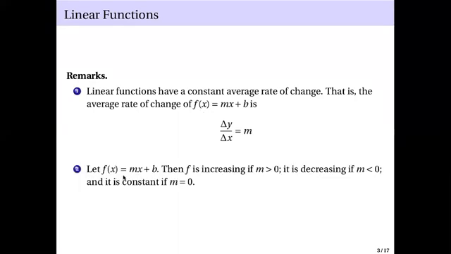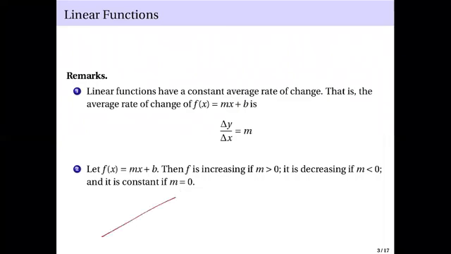Now, let f of x be equal to mx plus b. Then f is increasing if m is greater than 0. It is decreasing if m is less than 0. And it is constant if m is equal to 0. So remember the graph of a linear function for different values of m.